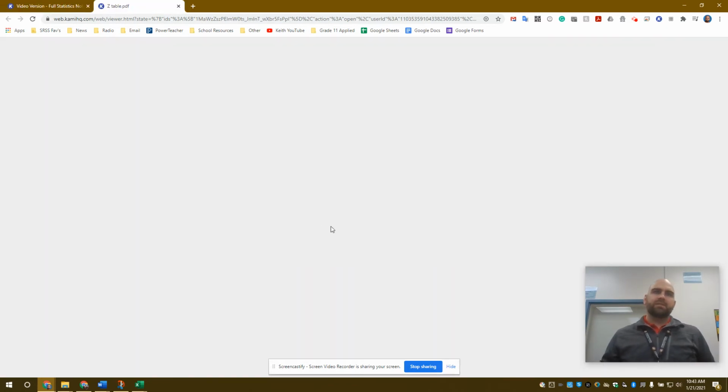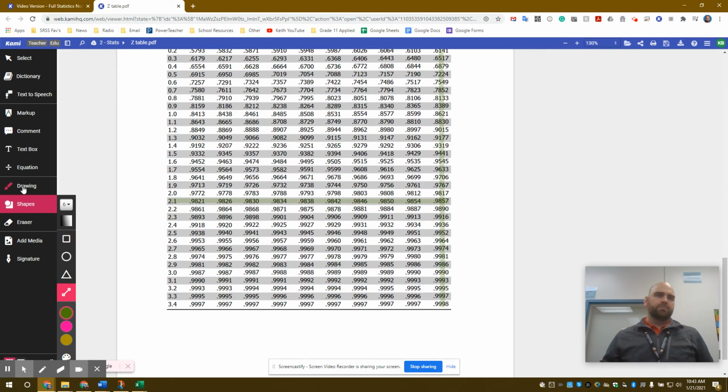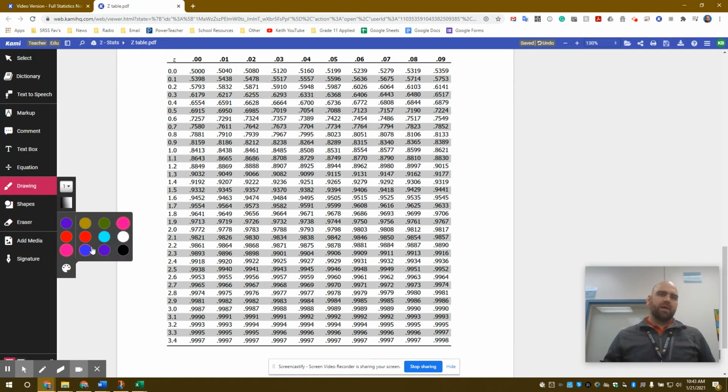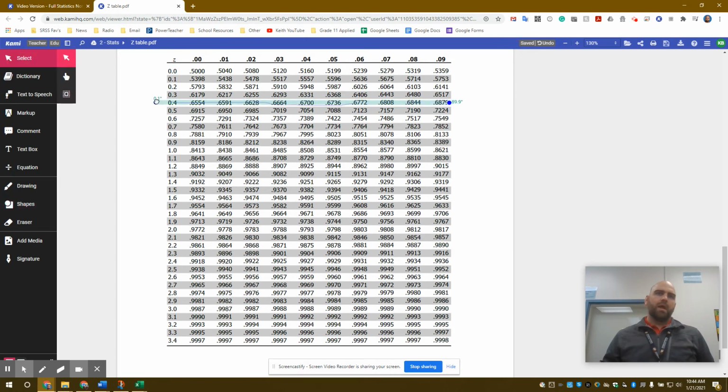Now, if we go to our Z-score table and we go down to the positive side, and I need to get rid of some of these lines here again. Okay, so we go to the positive side, and we're going to take a look at 0.4, which is right here. And then we look at the 0 side as well.